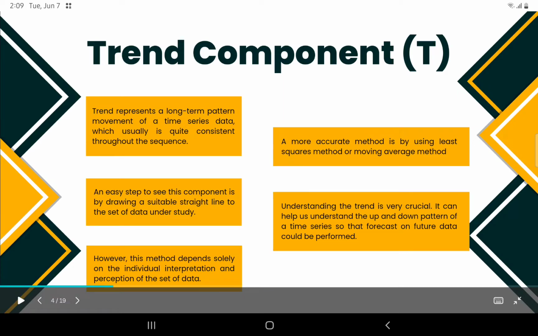We need to understand the trend because it can help us to understand the up and down pattern of a time series so that we can focus on the future data.